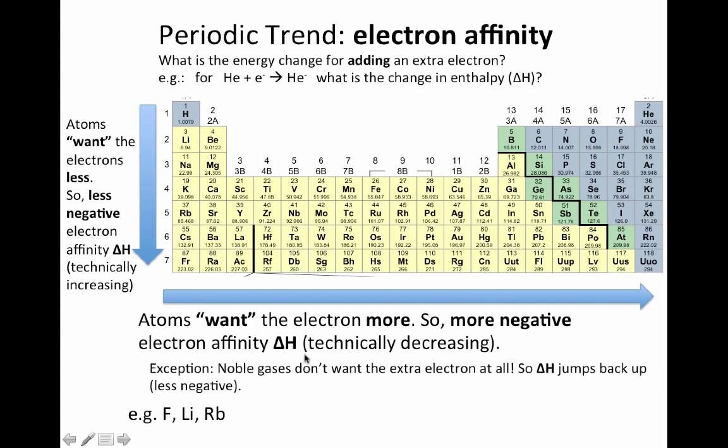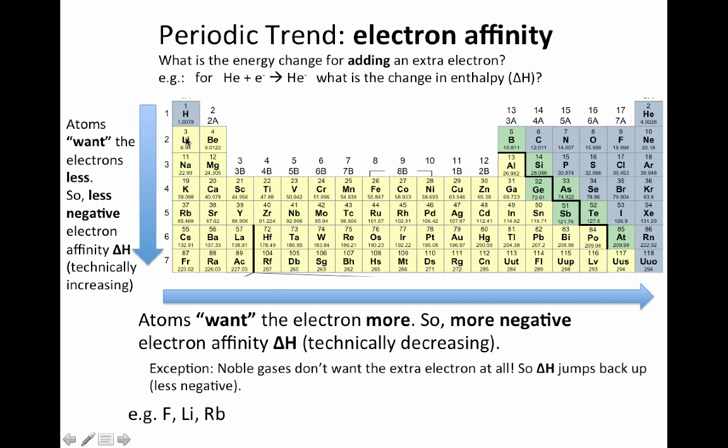So let's do an example and compare fluorine with lithium and rubidium. Who wants the electron the least? Well, it's going to be the rubidium. Rubidium will want it the least because it's to the left and it's down.